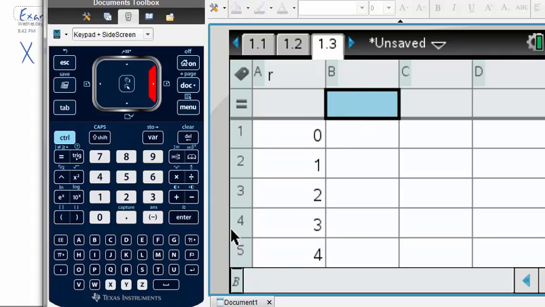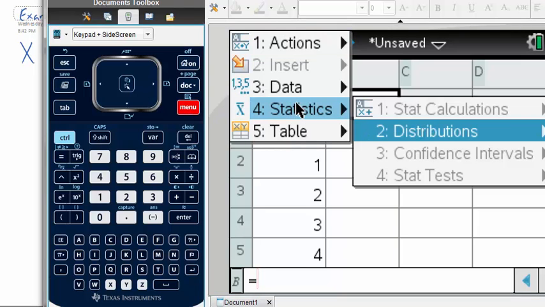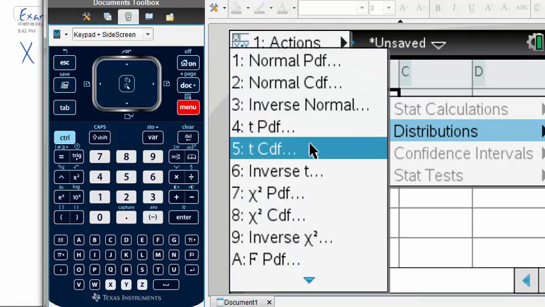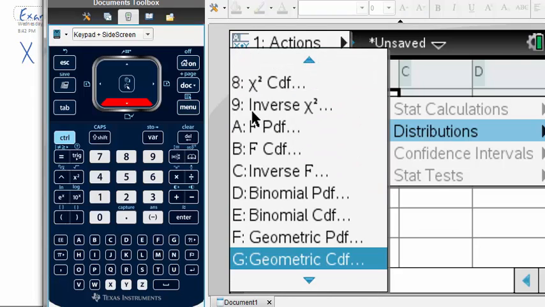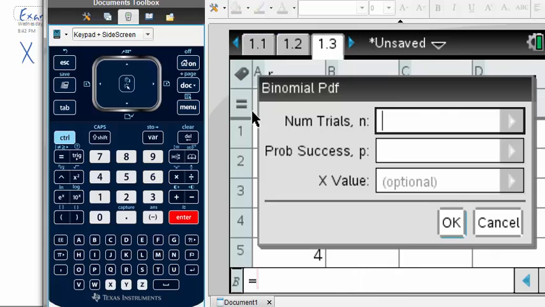And then in column B, we're going to put equals. In the second row, we're going to type in a formula. We're going to go into menu, and under statistics, we'll grab the distributions menu. We're going to scroll down to binomial PDF, and we're going to put in number of trials.